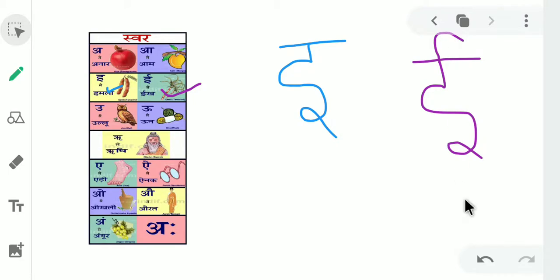It is generally called a moon sign. Now this is E and this is Ee. Got it? Now please note it and repeat it once again, more and more. I'm going to erase it so that I can write.